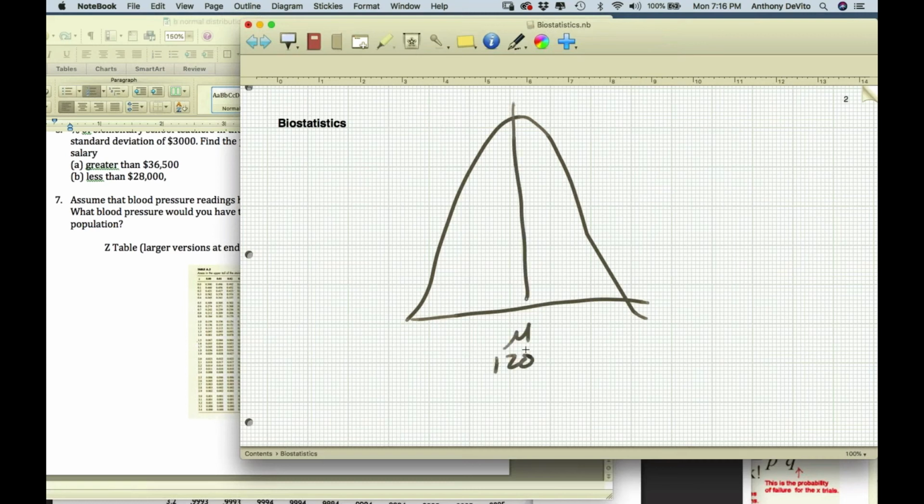Mean blood pressure is 120 and the standard deviation is 8. And we're interested in knowing what your blood pressure has to be in the top 10% of this population.